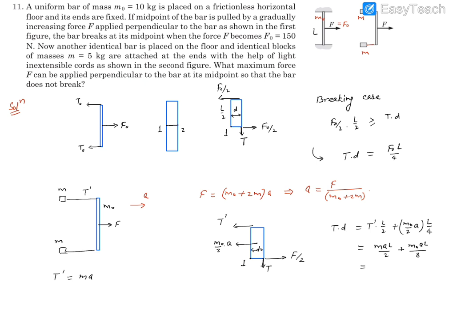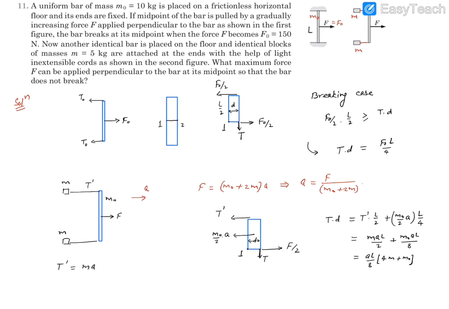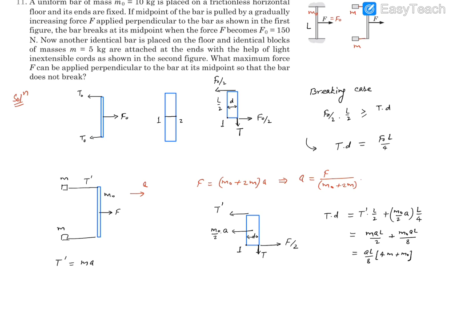If you want, you can take a L by 8 as common. Within the bracket you will get 4m plus m naught. Now what is a is given to us. We can substitute there, and we can relate this equation with this equation. So combining the two equations together, we will find: F naught L by 4 is equal to a.